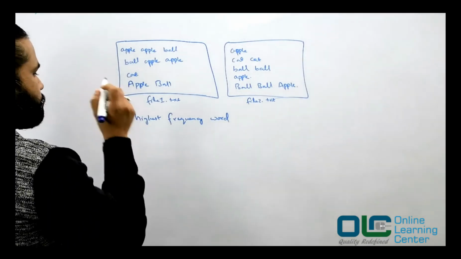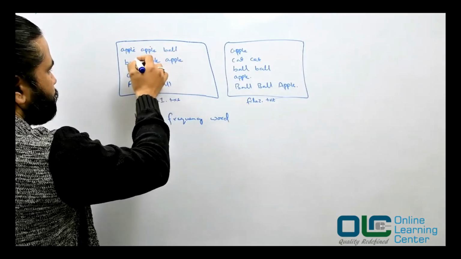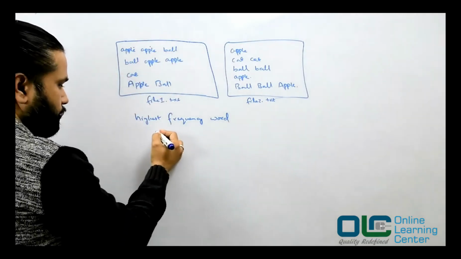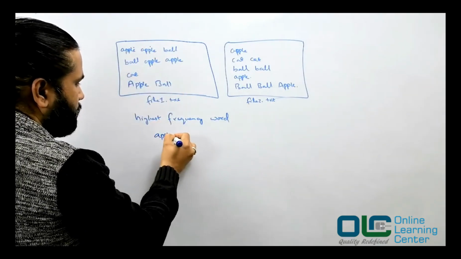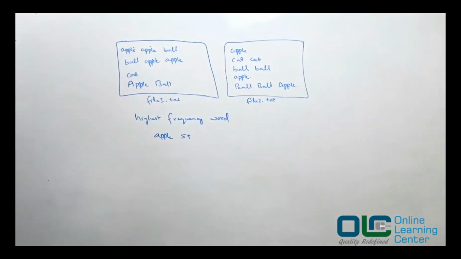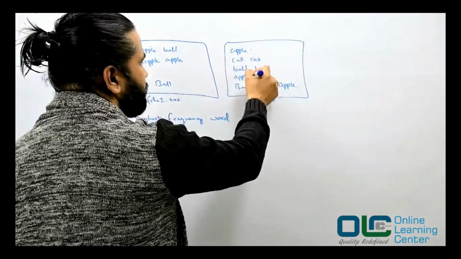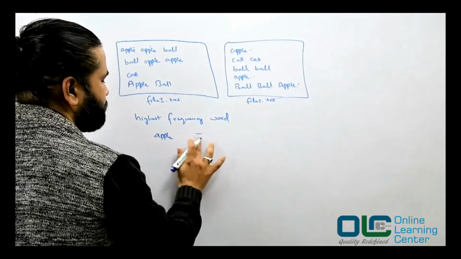So apple from here is 1, 2, 3, 4, 5, plus from the other side you have 1, 2, 3. You should treat them the same, so you have apple 8.